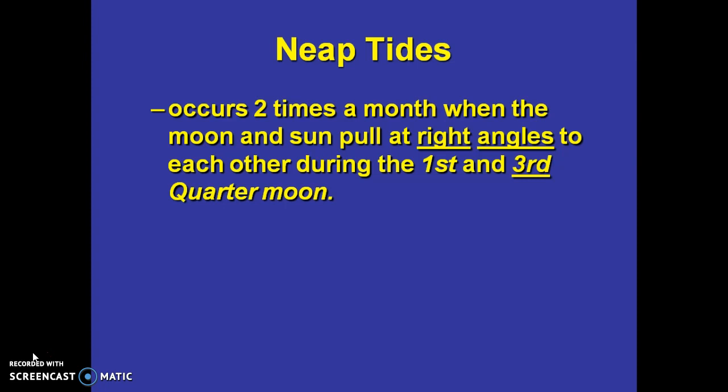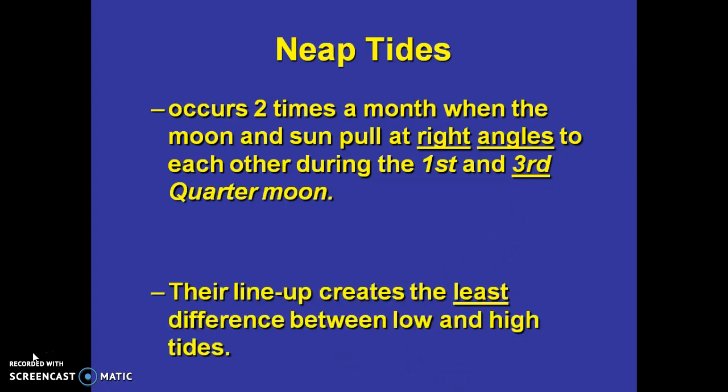And it's during these phases where we see the sun, the moon, and the earth at a right angle. During neap tides, high tides are not all that high, and low tides are really not all that low. There's not as much difference between high and low tide as there is most of the time.